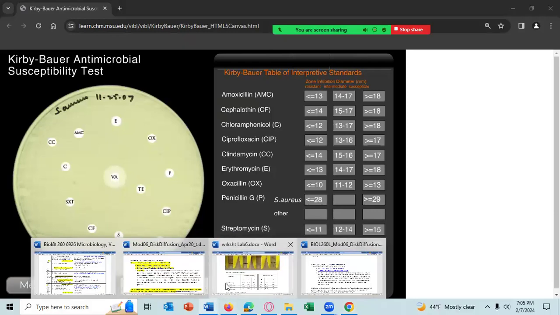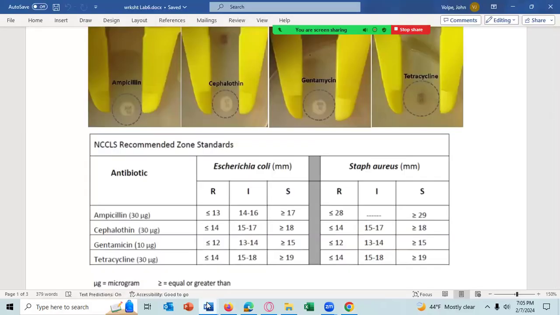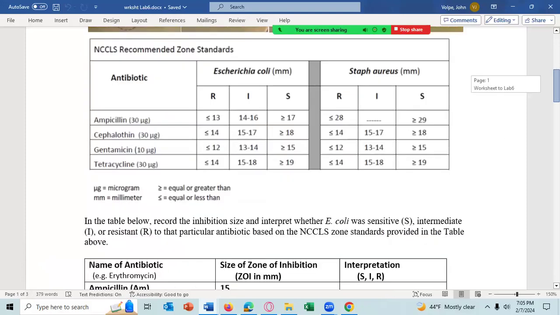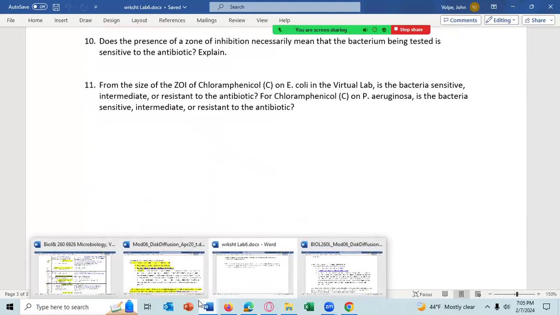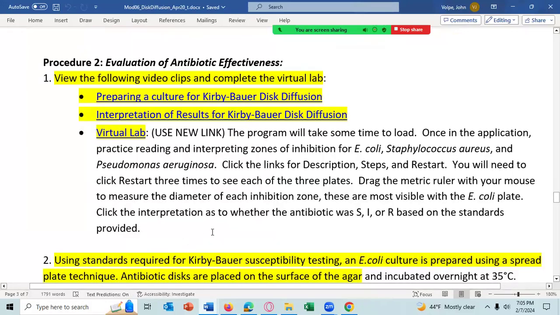Let's go to the worksheet, although I'm not there yet, but there he is for question 11. You'll need to get that from the virtual lab. And this tells you a little bit how to use the virtual lab, but I just showed you.